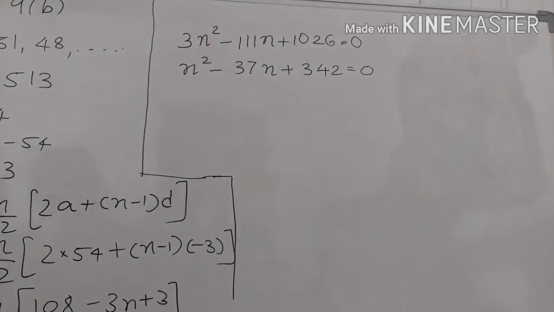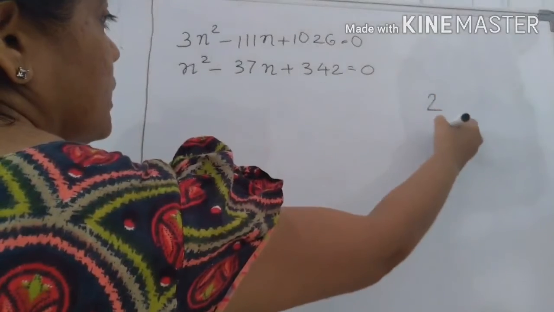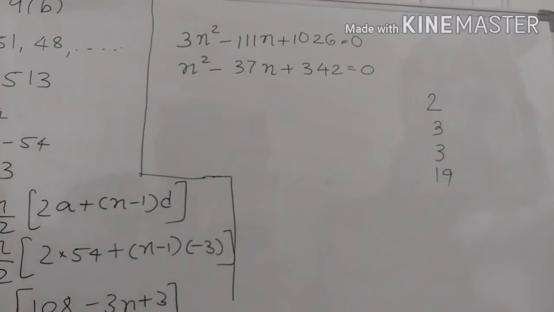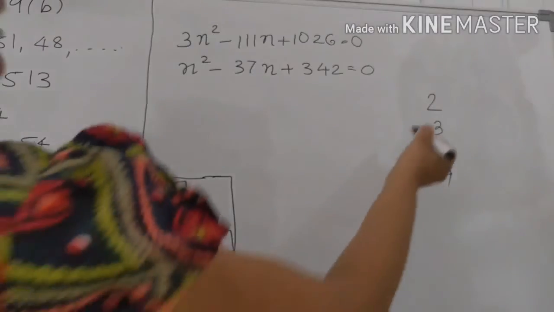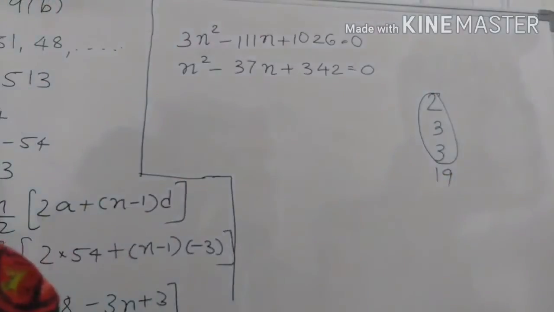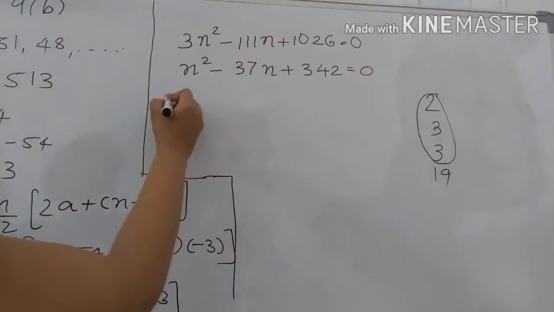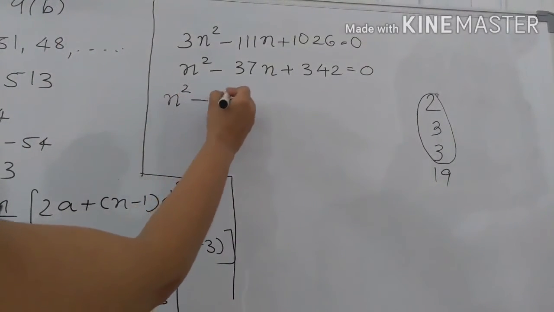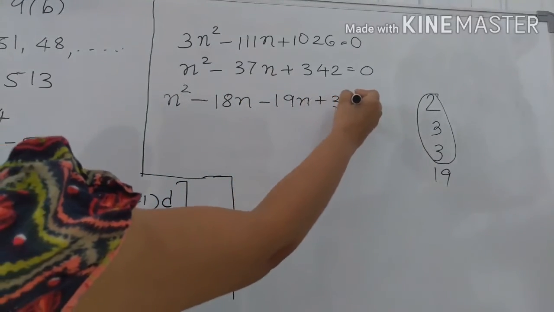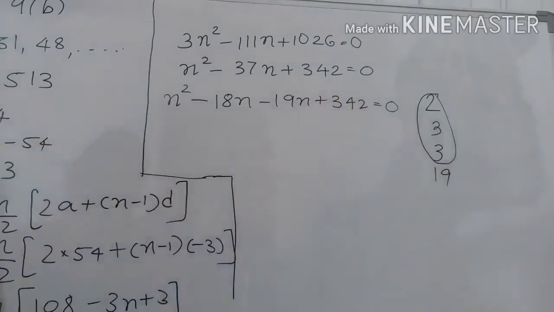Now we take the factors of 342 and they are 2, 3, 3, 19. These are the factors. So here we can use these factors like 3 3s are 9, 2s are 18, 19. So here minus 18n minus 19n plus 342 is equal to 0.